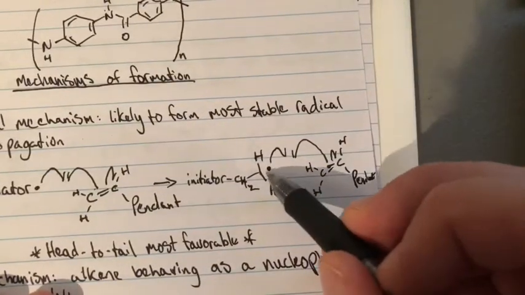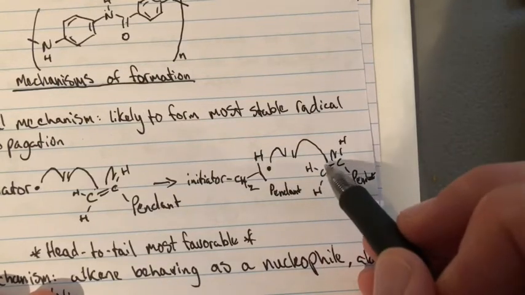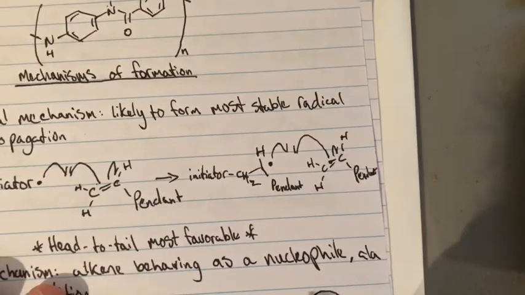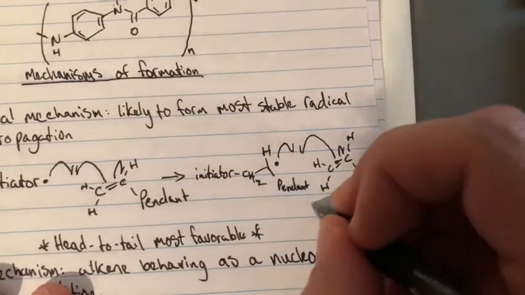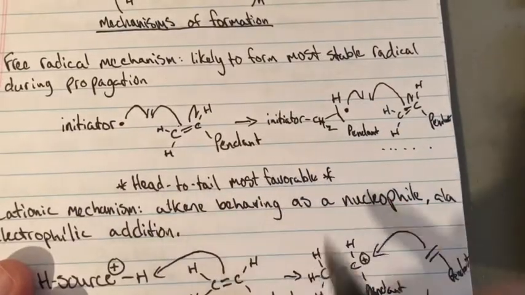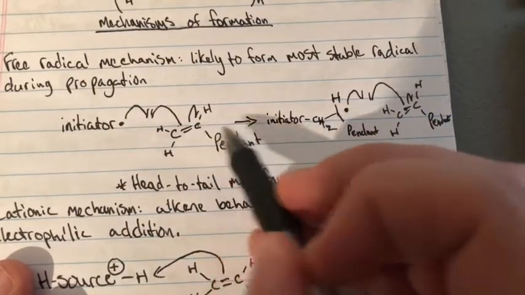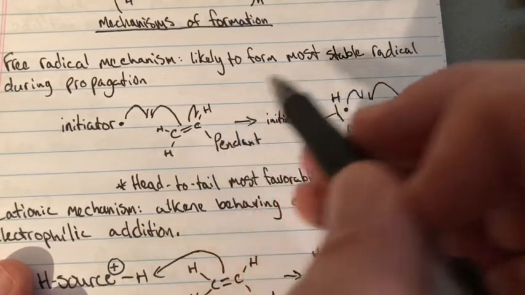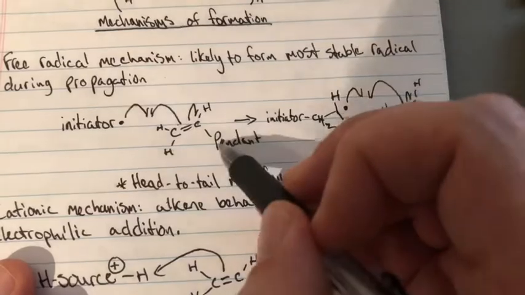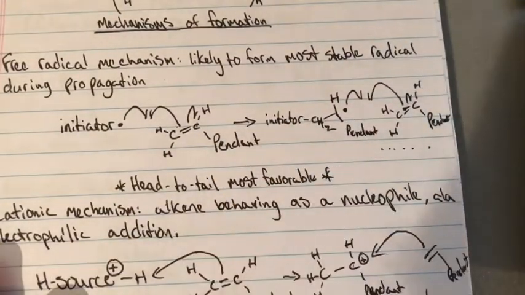So then you're going to form your next sigma bond with the next monomer. Okay, and then that's just going to repeat. And again, the head to tail, in other words, it's going to go pendant, least substituted carbon, pendant, least substituted carbon. The head is always going to be the pendant. Least substituted carbon is going to be the tail.